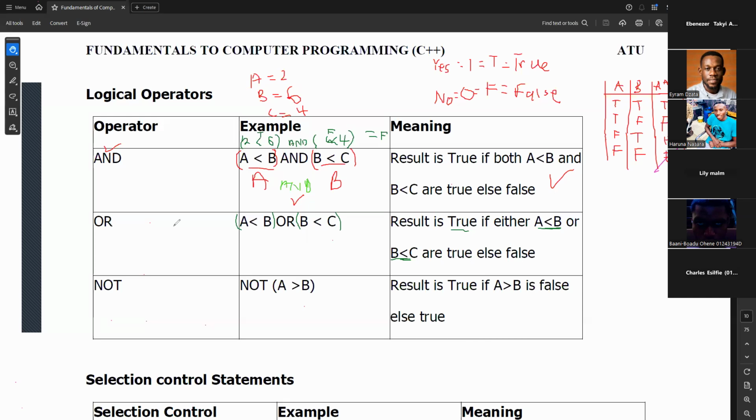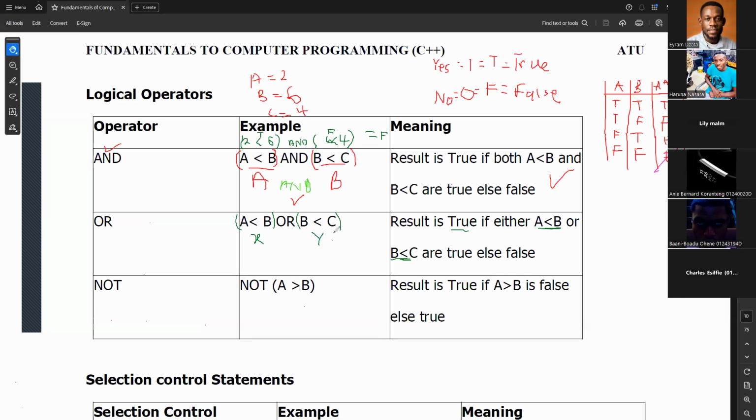So for the OR gate, let me use X and Y so that you don't get confused. If this is my X and this is my Y, at least one of them should be true for the entire expression to be true. So that's how the OR gate works.